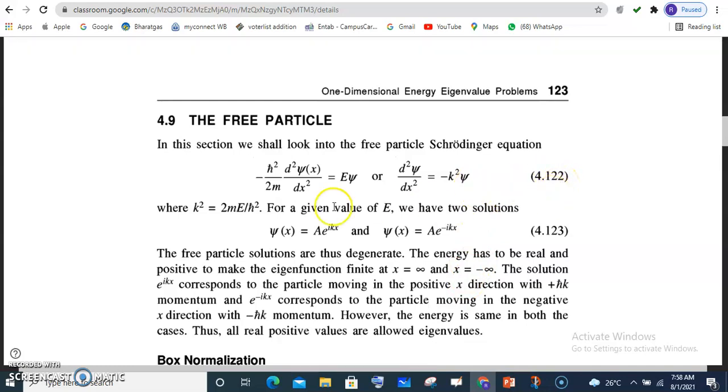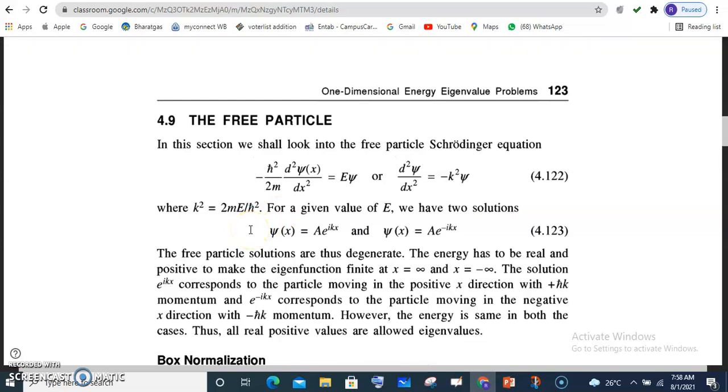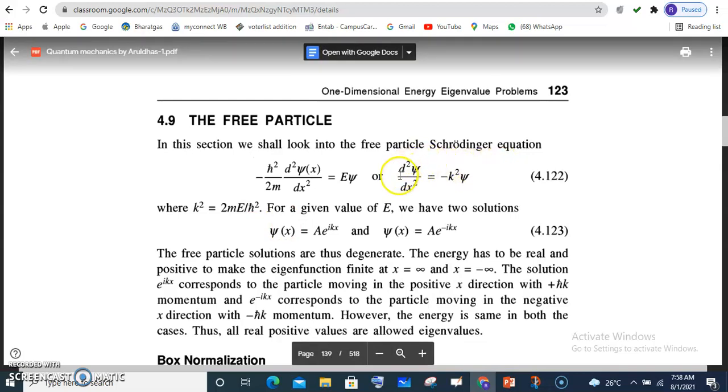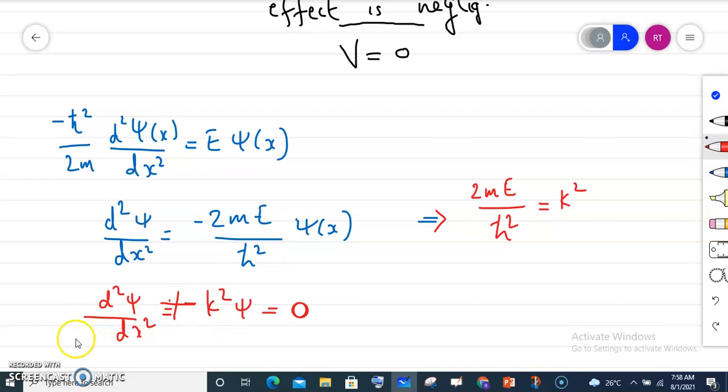Now, what about the solution of the system? When we think about it, as you know, what we have written down is a differential equation.